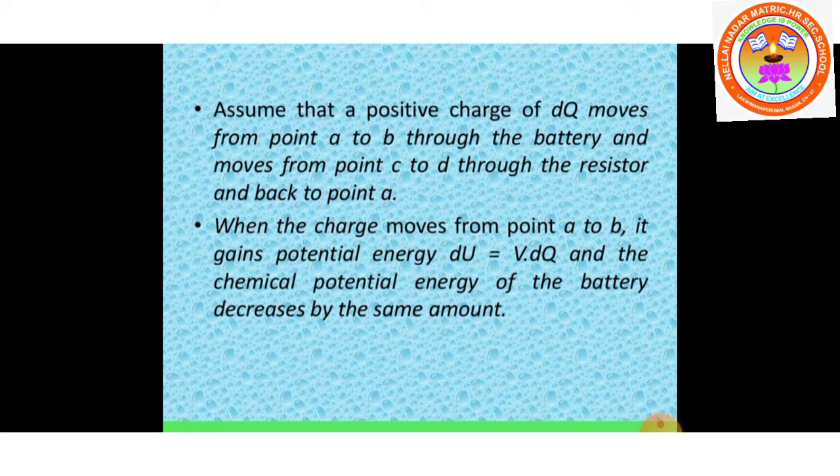When the charge moves from point A to B, it gains potential energy. That potential energy is calculated using the formula dU is equal to V into dq. The chemical potential energy of the battery decreases by the same amount.